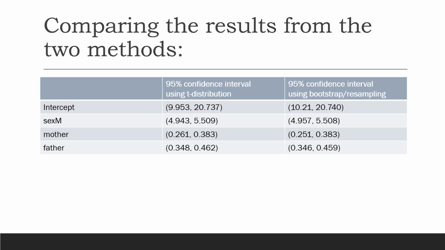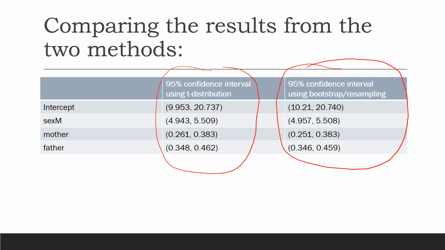Comparing the results from the two different methods, we can see that the confidence intervals we get from using the t-distribution, which are here, and the 95% confidence intervals we get from this bootstrap resampling method are not exactly the same, but they are quite similar. That's really what we'd like to see.